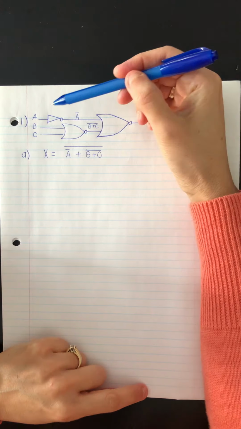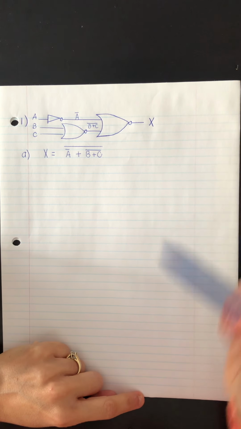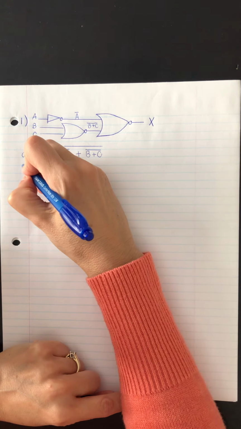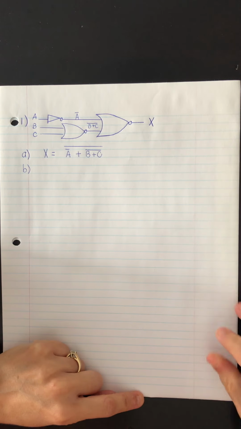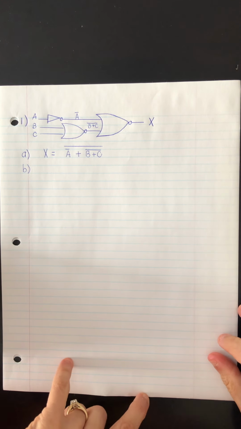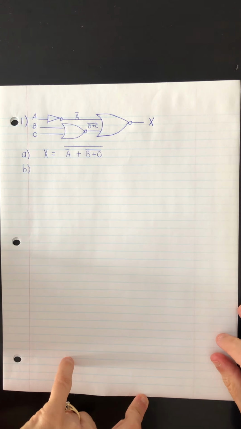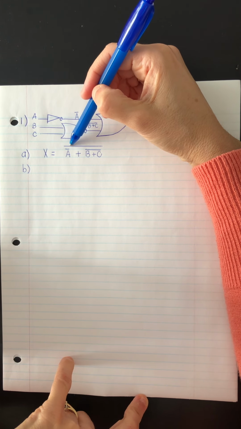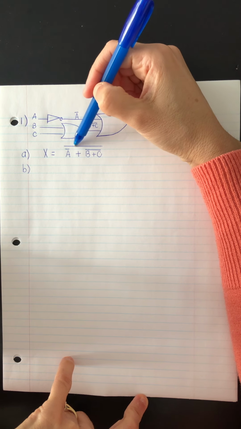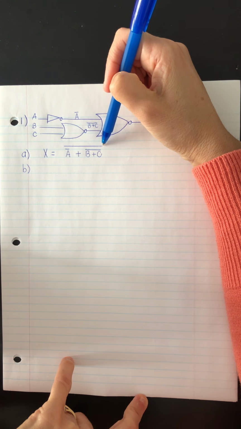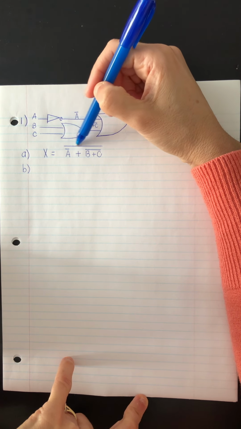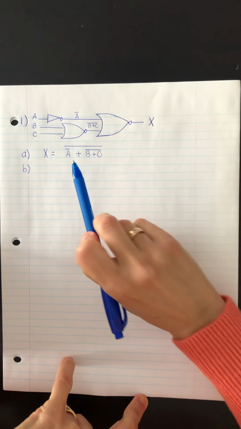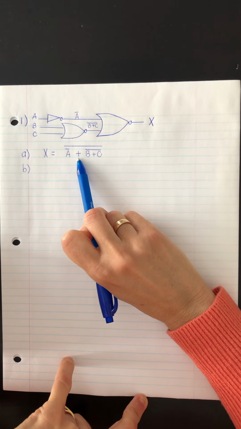So we had an inverter and two NOR gates. Here's our expression. Now, part B. We're going to simplify the expression. When it comes to simplifying the expression, we begin with De Morgan's law, and we start by breaking this large bar here. When we break this large bar, it changes this operation here.